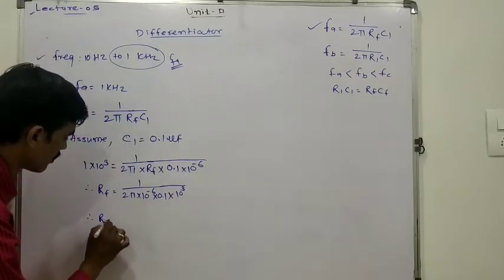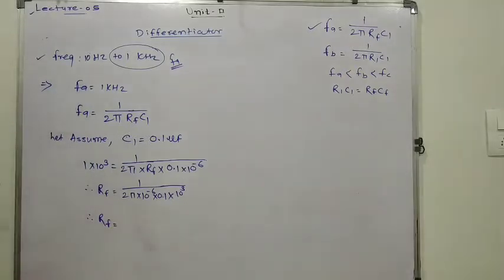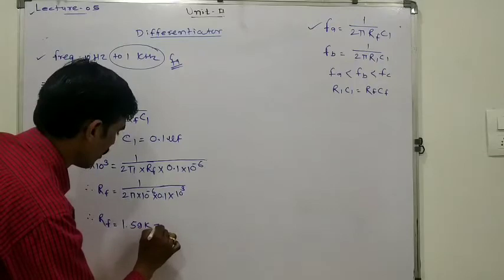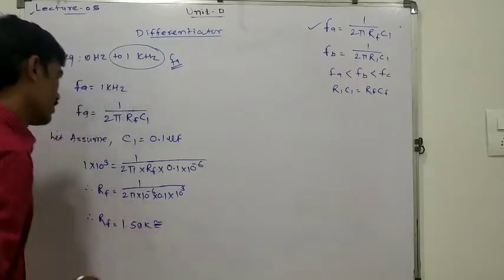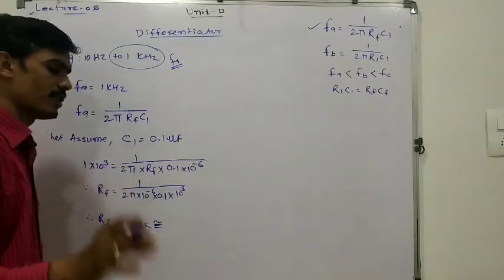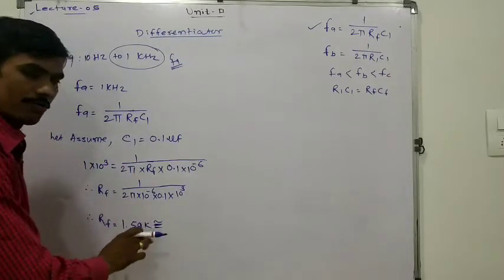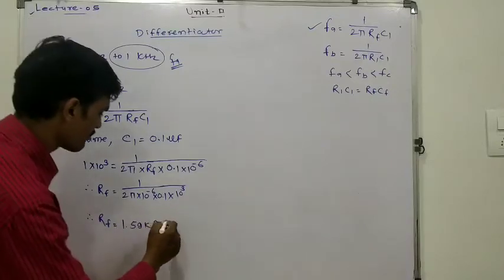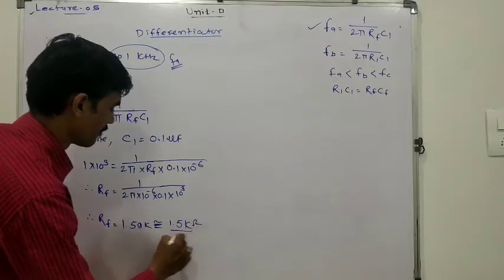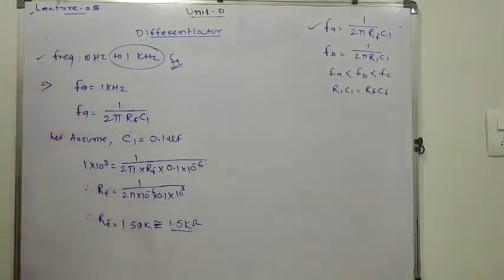Therefore, if you calculate this, RF is equal to 1.59 K. While selecting, we don't have a resistor of 1.59 K, so in actual designing, we can take the nearest value, which may be 1.5 kilo ohm. So while designing the circuit, you can select RF as 1.5K.